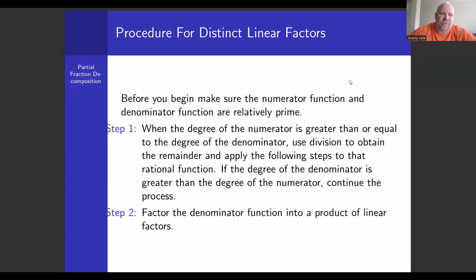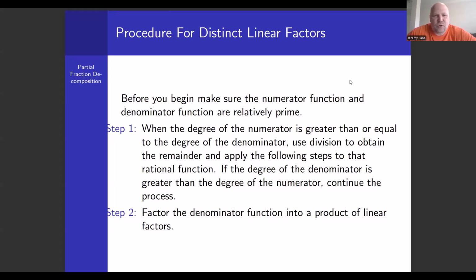our procedure for decomposition starts off with these steps. Before you begin, make sure the numerator function and denominator function are relatively prime. What this means is that they do not share any common factors. If they do share common factors, you may end up with larger systems than what is necessary and have zeros for those coefficients involved in the decomposition.